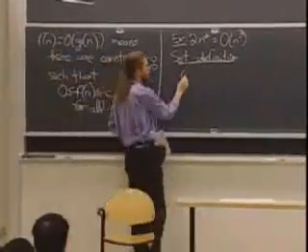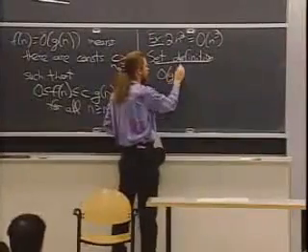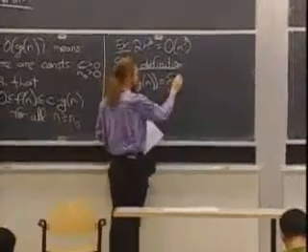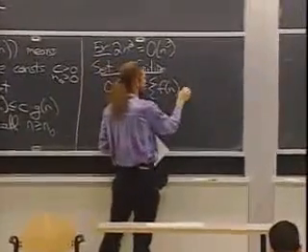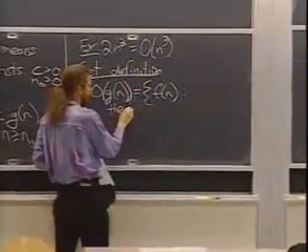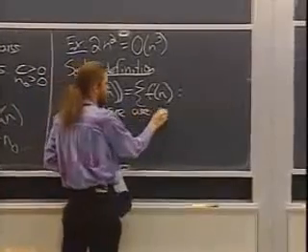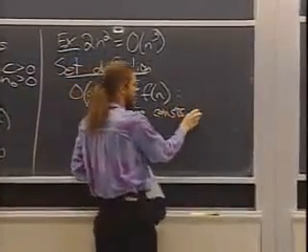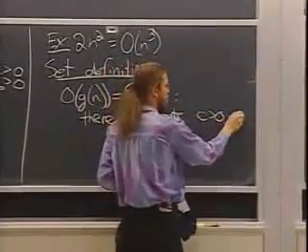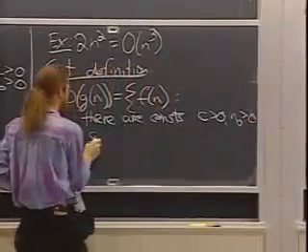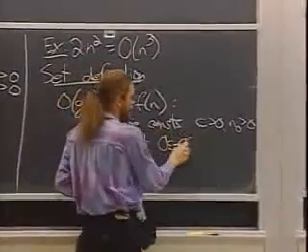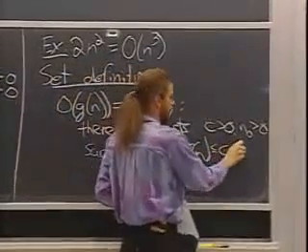You could define big O of g of n to be the set of functions f of n such that there exist constants c and n naught such that f of n is between 0 and c times g of n.